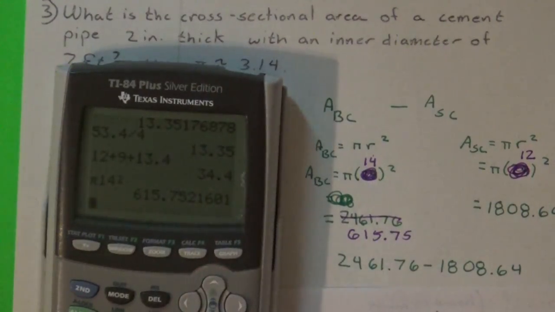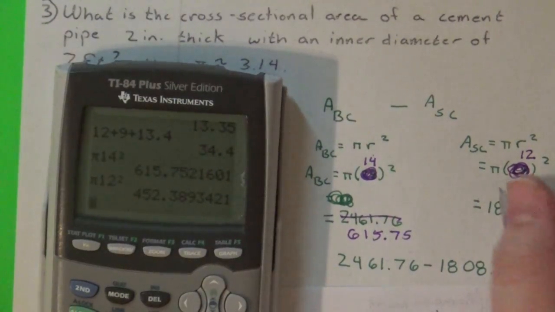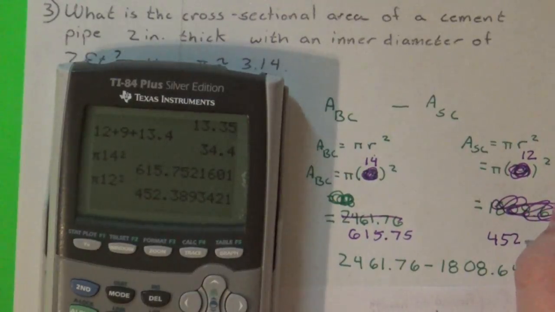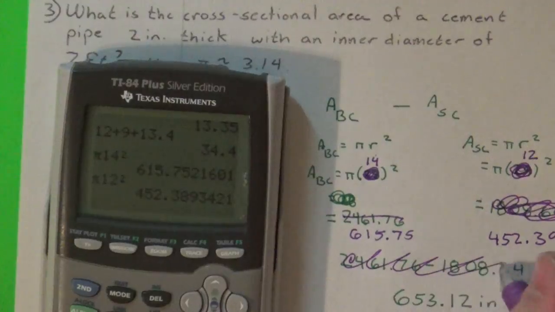So I'm going to plug that in my calculator. I'm going to say pi times 12 squared, and that's going to give me 452.39.